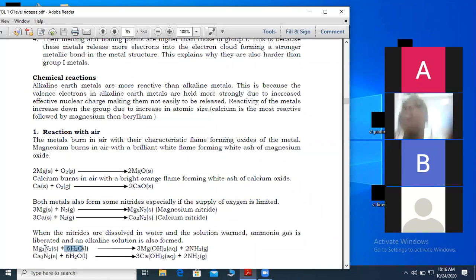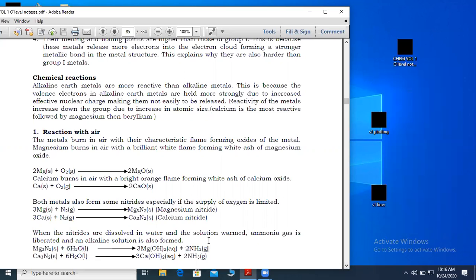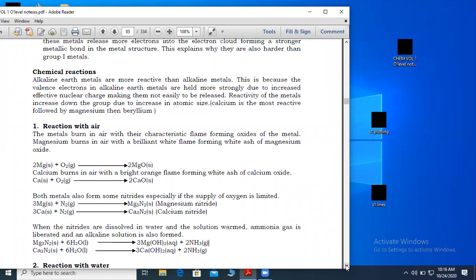Then nitrogen atoms, there are 2, so you put 2 on ammonia. Ammonia, its formula is NH3. So the observations were colorless solution and bubbles of a colorless gas.